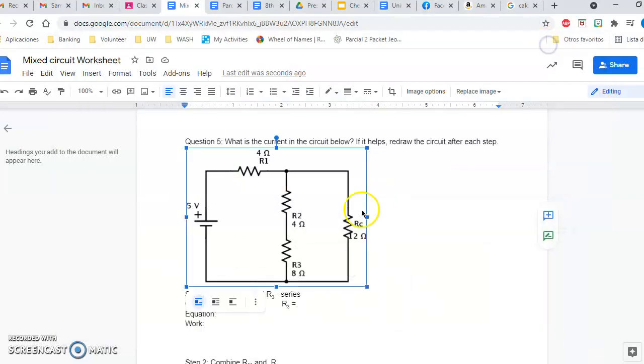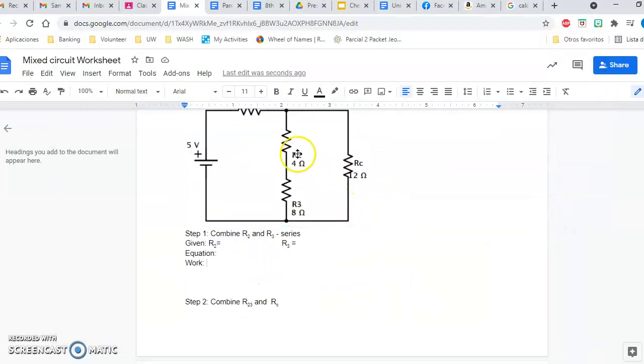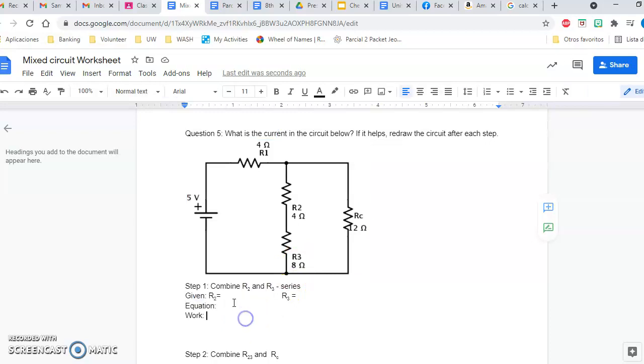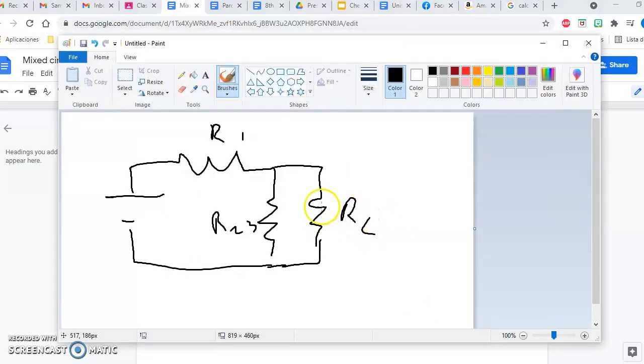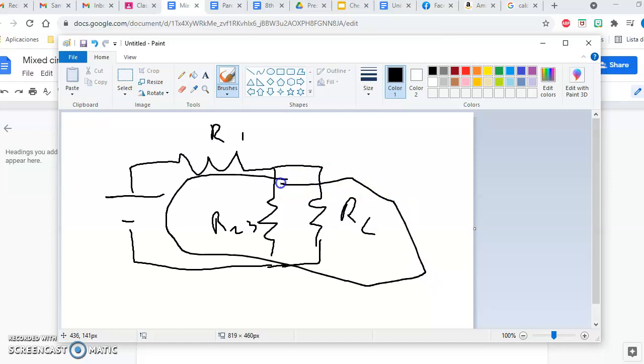So this is what our steps are going to be. To combine R2 with R3, we need to use our series equation. So we're going to say R23 is equal to R2 plus R3, and then we'll solve for our work. The next step, now that we have it looking like this, is we want to combine R23 with RC. We want to combine these two together.